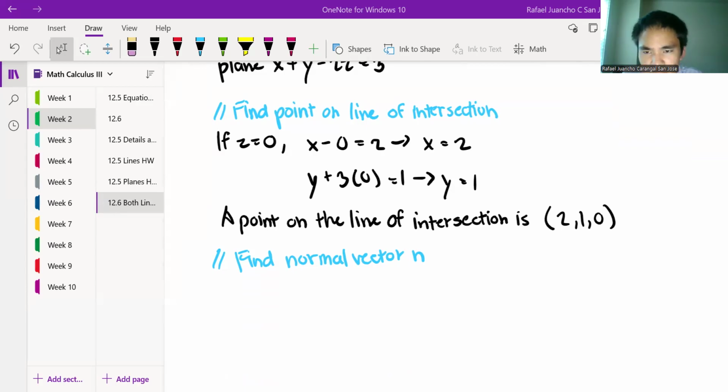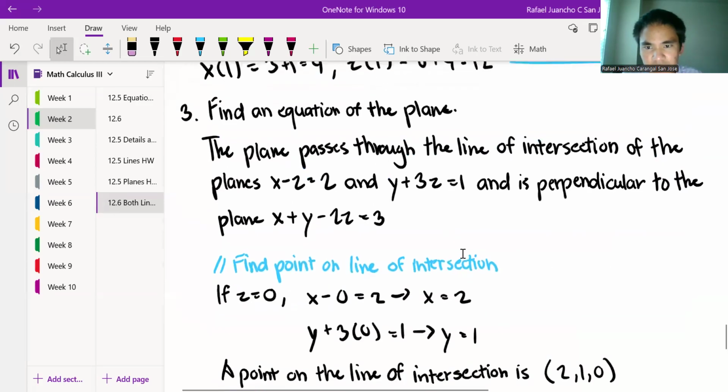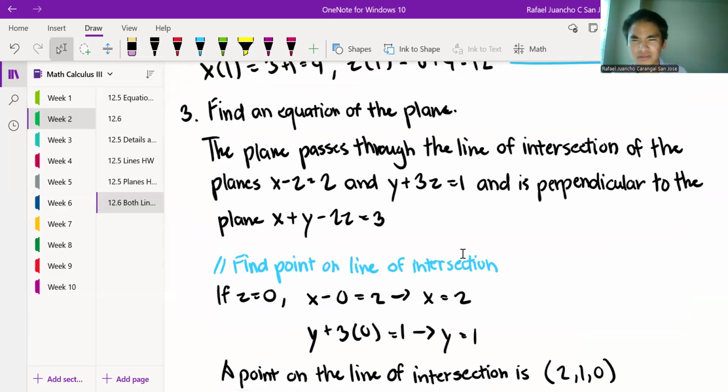Oh, wait. So that's the line of intersection. Wait a minute. If we're given two planes like this, I don't even care about my drawing, this is the line. What? Find the direction vector of the line of intersection.